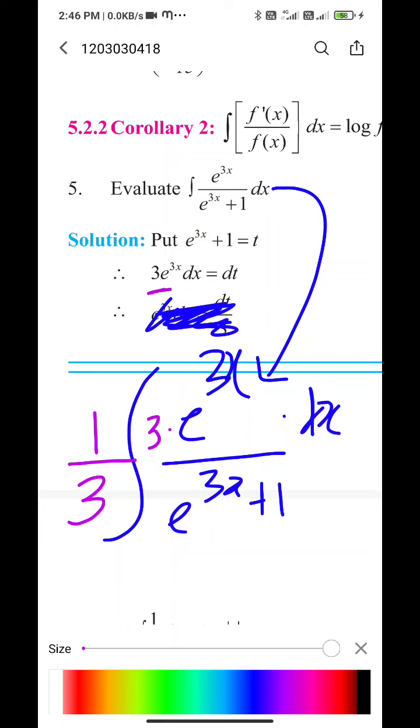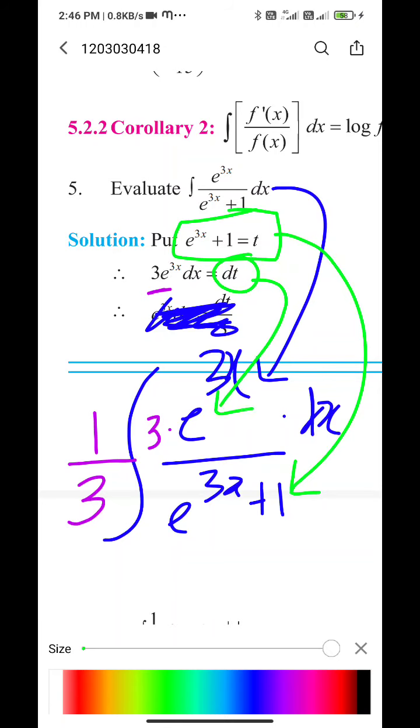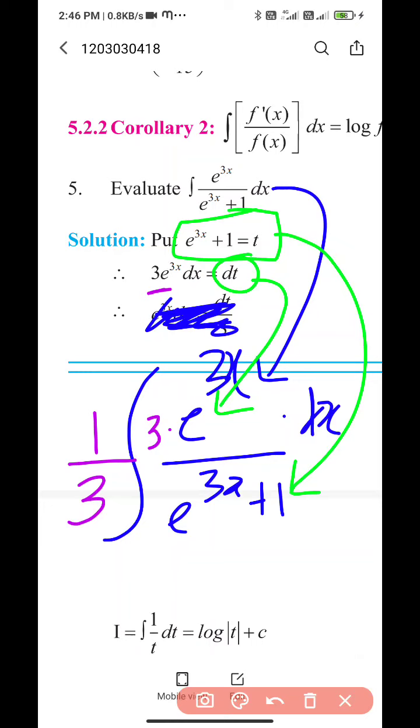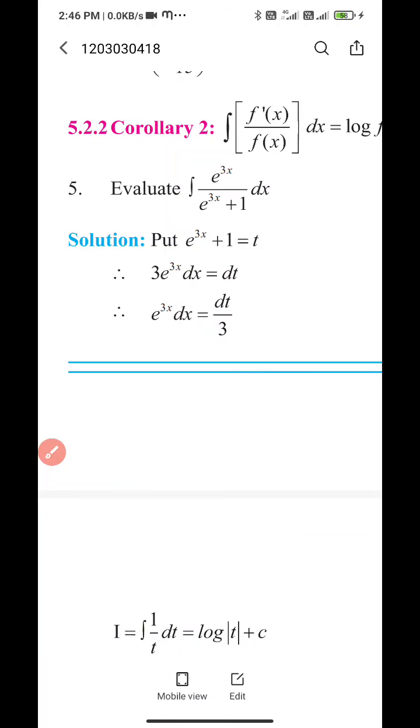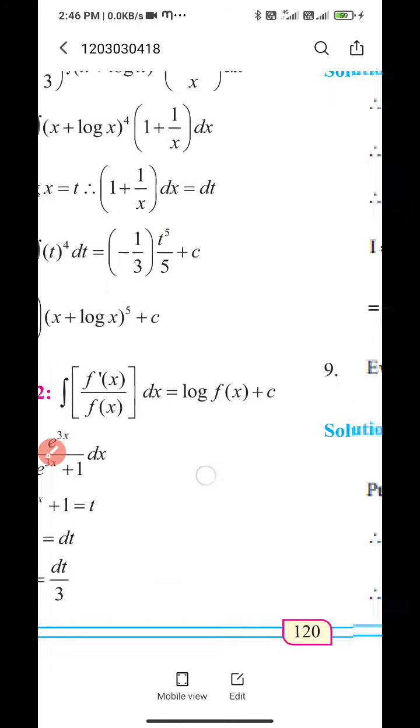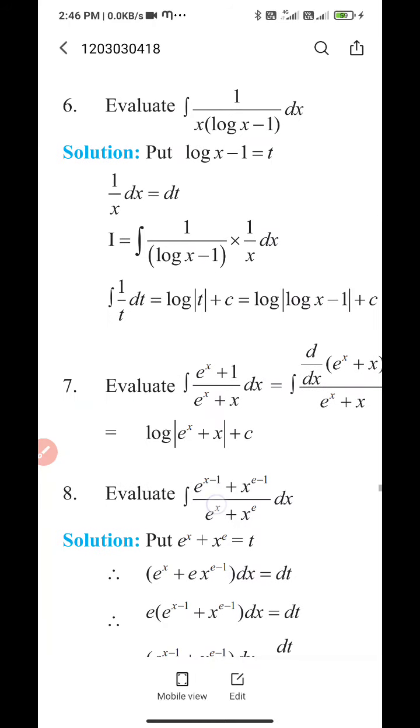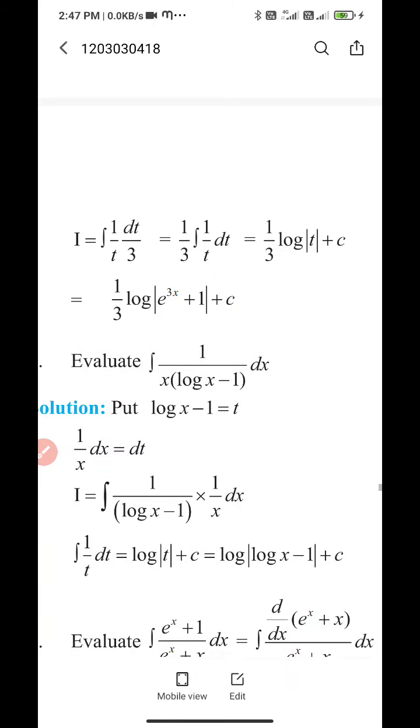And after this, what you can do, you can put t over here, dt over here, and you'll get a function like this, that is 1 by 3 integration of dt divided by t, and that's it. This is what you have to integrate. So you can use the method which is given in the book as well, and the method that I have just told you.